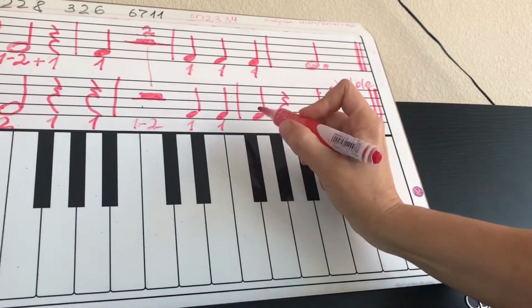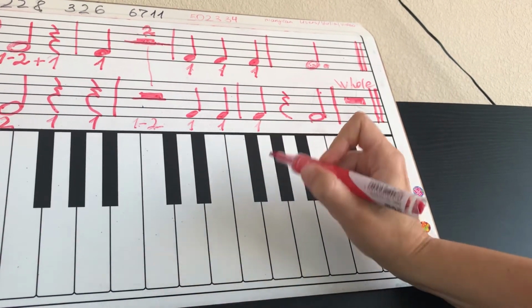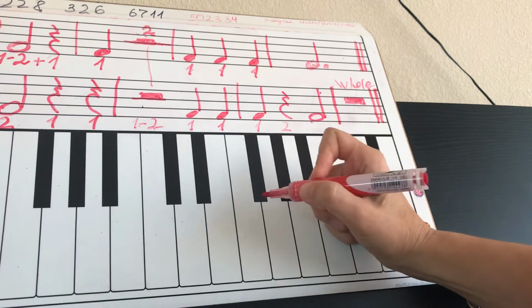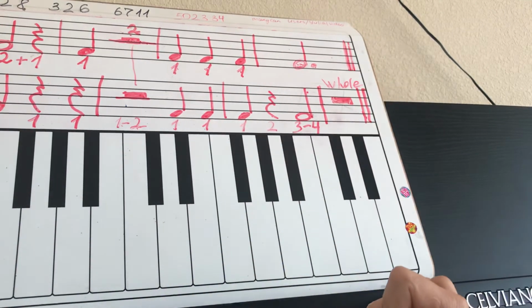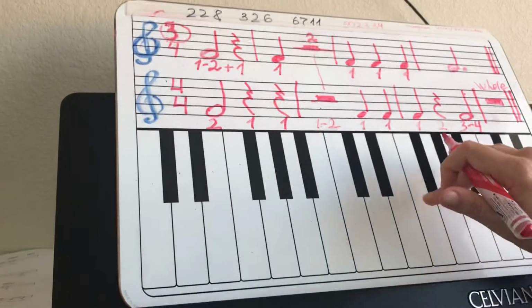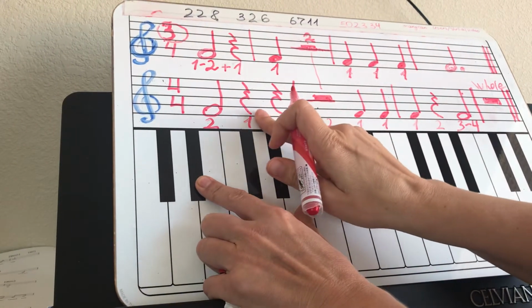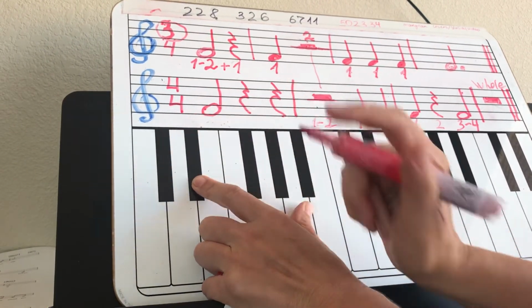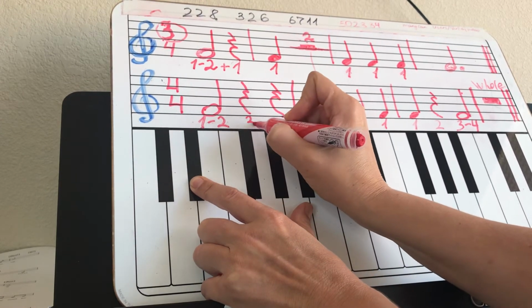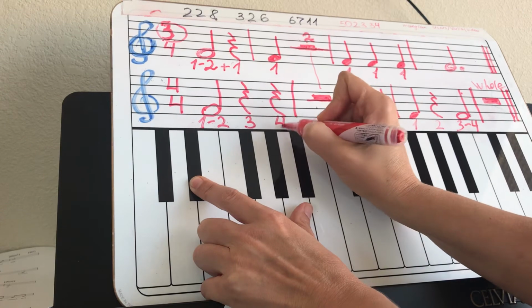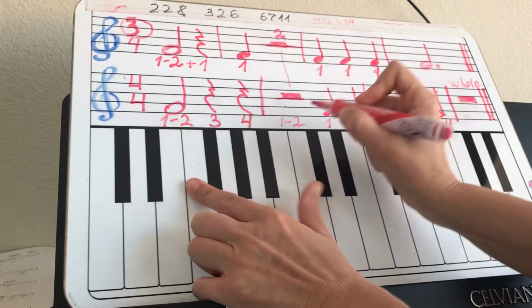Now let's put counts. 1, 2, and this one 3 and 4. So if I put from the beginning my counts, which you're supposed to do in your homework, it will be 1, 2, beat 3, beat 4. You have bar line.